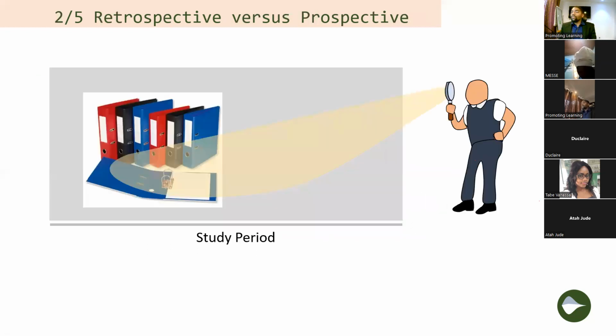Now let's talk about the terms retrospective and prospective. Usually you'd find a study called a retrospective study, but really retrospective and prospective just indicate the way data was obtained. Retrospective studies look back. We look at archives generally, or routinely collected data.